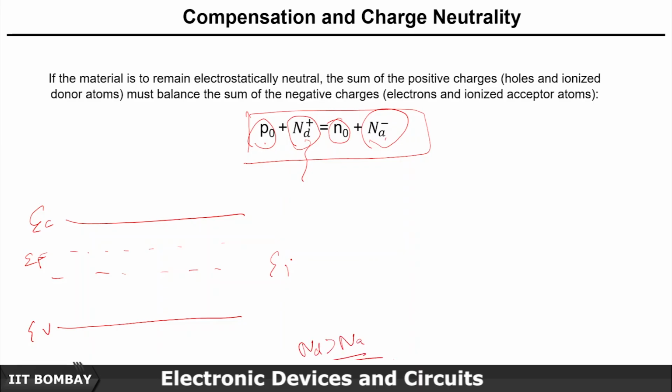Both are present, donors as well as acceptors, but the number of donors is larger than the number of acceptors. Using this expression of charge neutrality, we can do a lot of stuff, basically most of the calculations, and on top of this we can apply the law of mass action and calculate the concentrations. So today we'll finish it here.